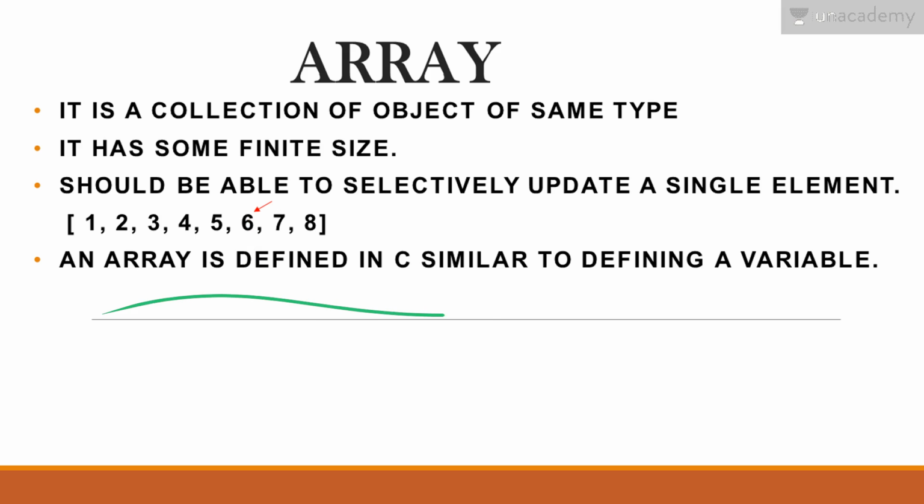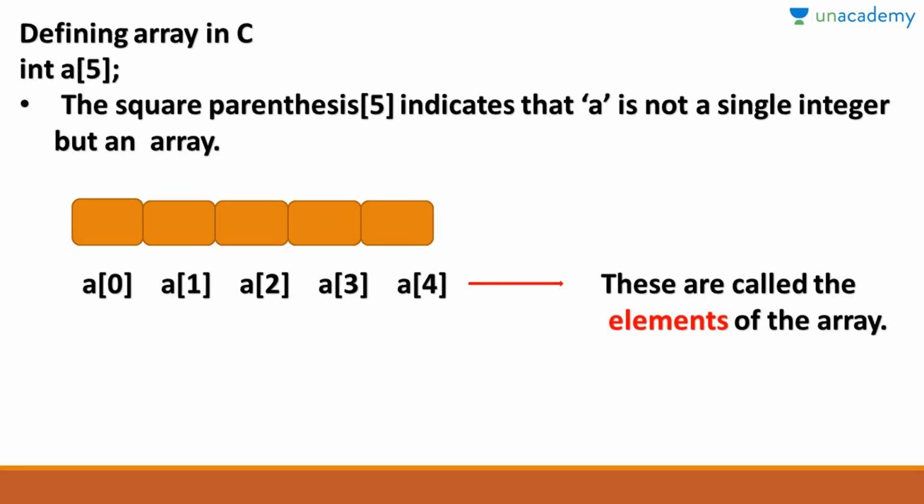An array is defined in C similar to defining a variable. So we define an array similar to a variable in C, like here we have defined the array int a[5].